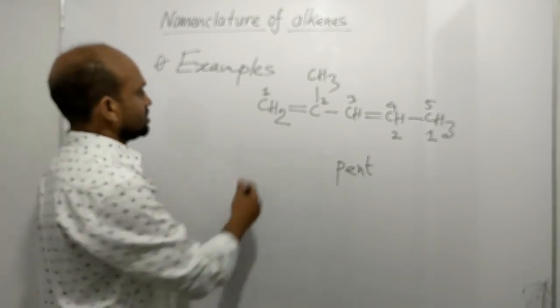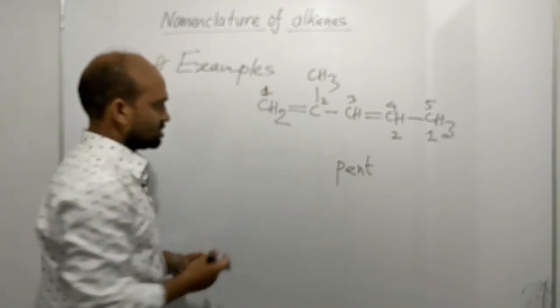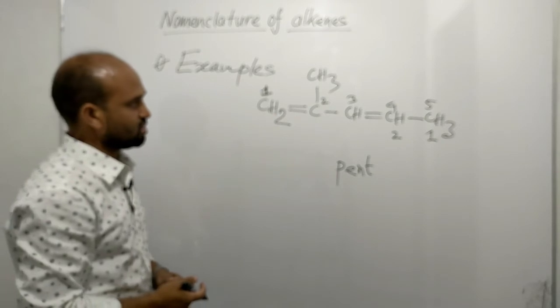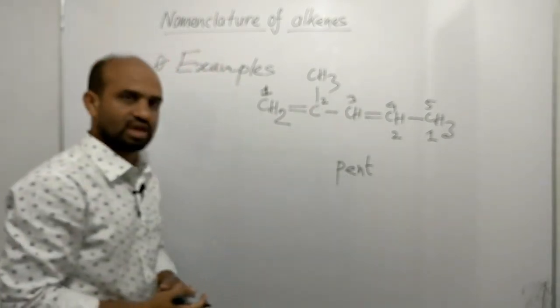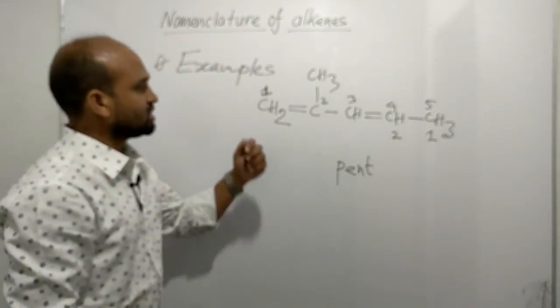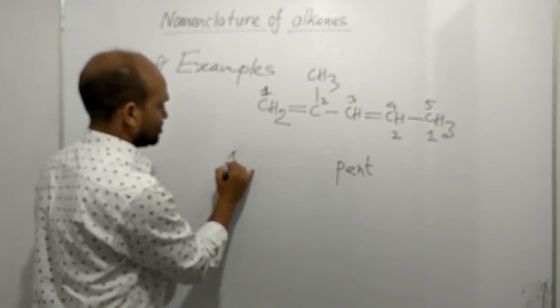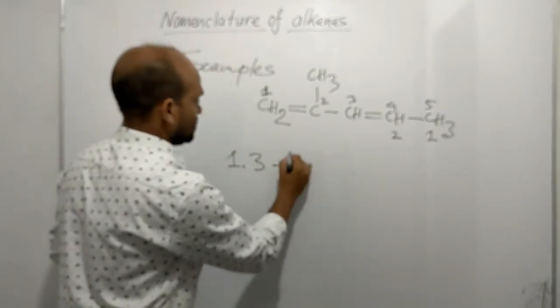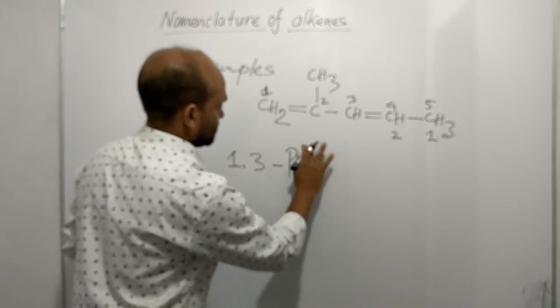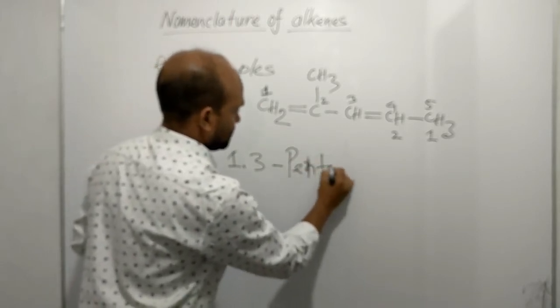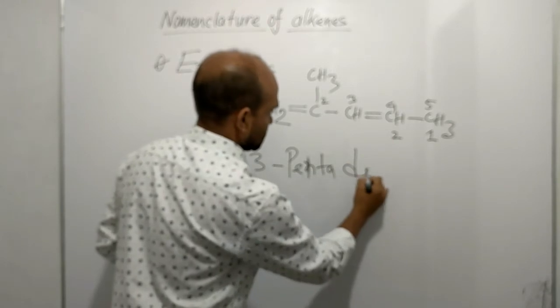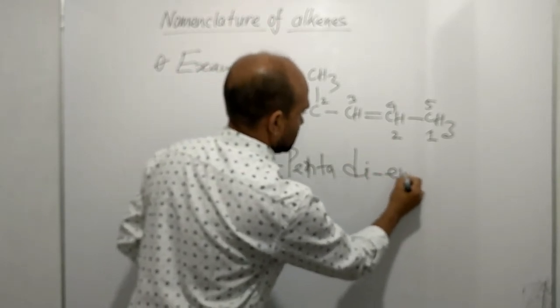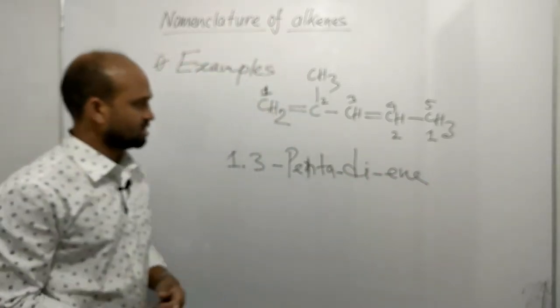Now with carbon 1 there is a double bond, and carbon 3 there is another double bond. Now 1, 3 we can write 1, 3. It will be actually here penta diene, pentadiene.